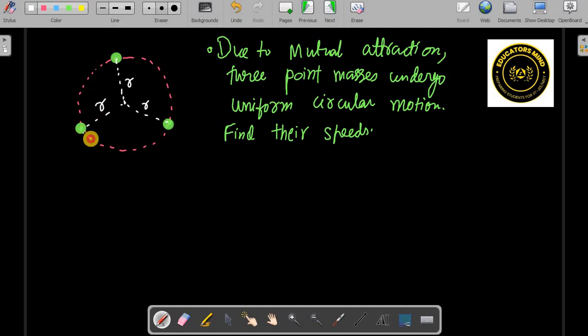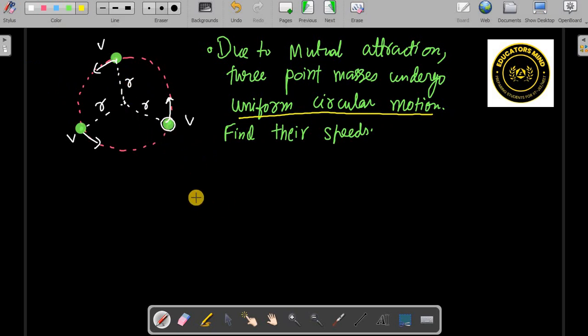It's going in this direction, let us say anti-clockwise. Each of them has the same speed. If you want to see the resultant force on any one of the masses, that net force will be towards the center, because it's a uniform circular motion.